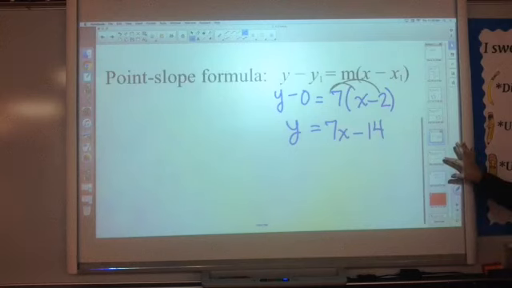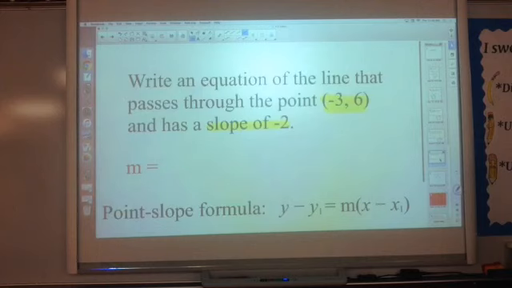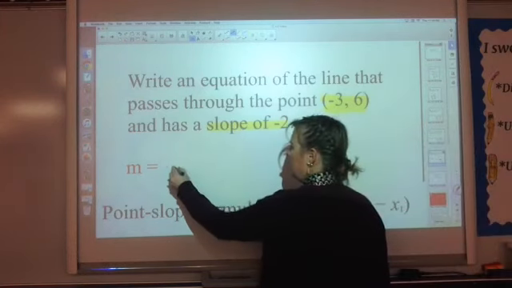Pause it if you need more time, but we're going to work on the last one. Same directions. Go ahead and write the new point down, which is negative 3, 6. Has a slope of negative 2. We'll translate that into our slope being negative 2.